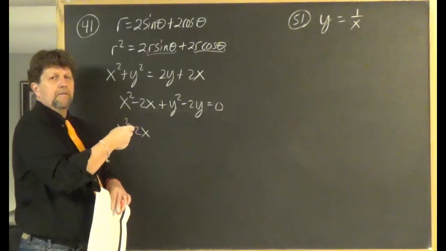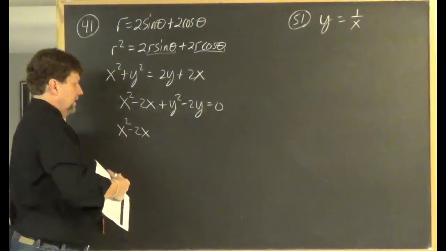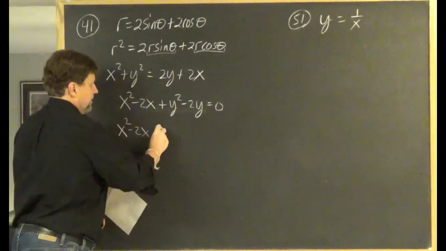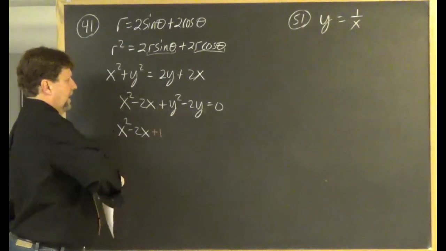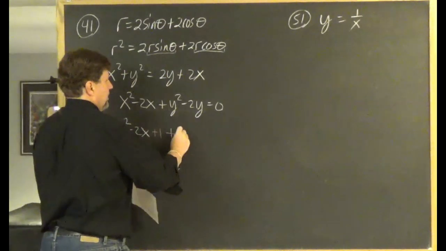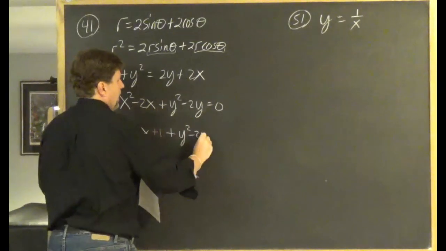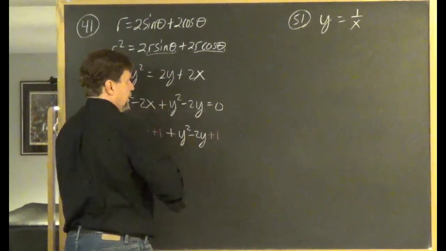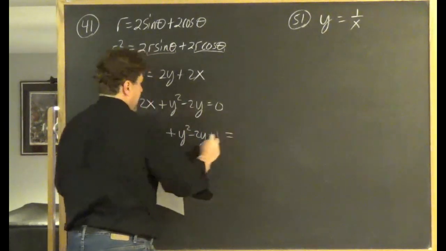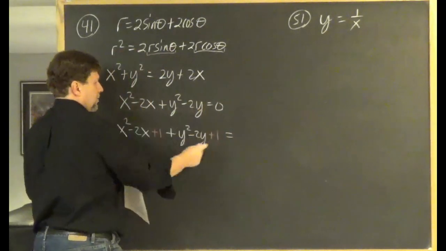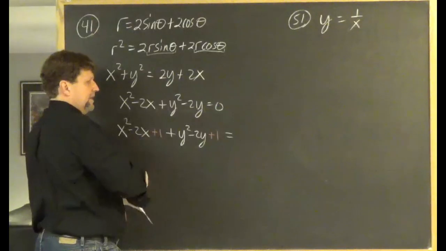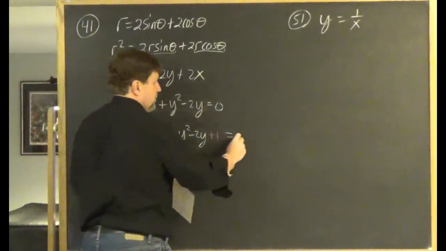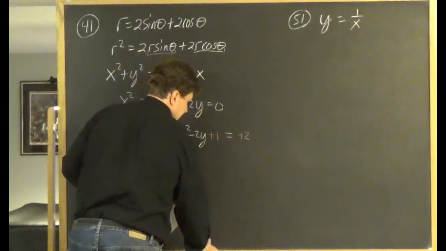Square it, negative 1 squared is 1. So I'd have to add a 1 in here. Likewise, when I complete the square here, I'm going to end up with a plus 1. So if I add 1 and add 1, I'm really adding 2 to the left side of the equation, so I better add 2 to the right side of the equation.